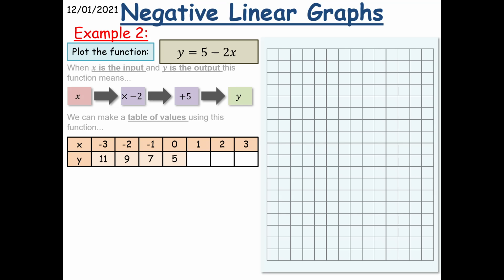Then 1 times minus 2 is minus 2, plus 5 is 3. Then minus 2 times 2 gives us minus 4, plus the 5 gives us 1, and then 3 times the minus 2 will give us minus 6, plus the 5 will be minus 1.